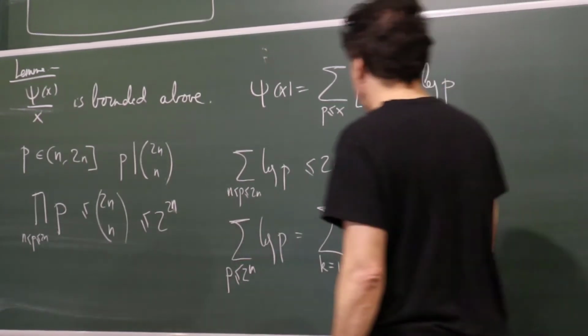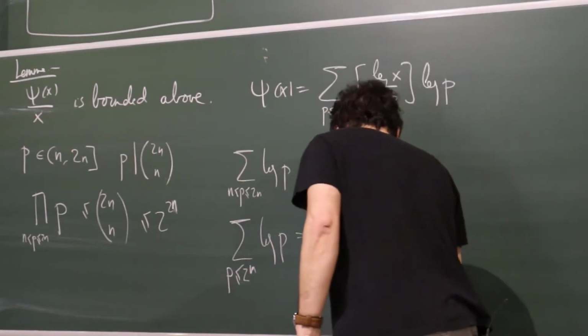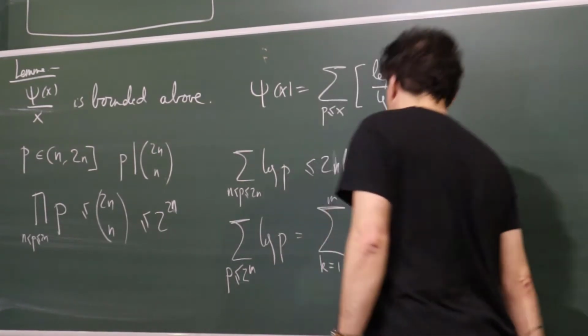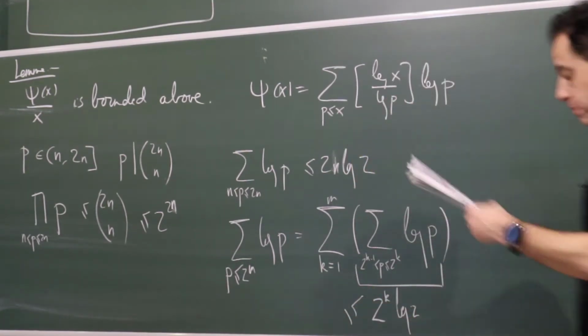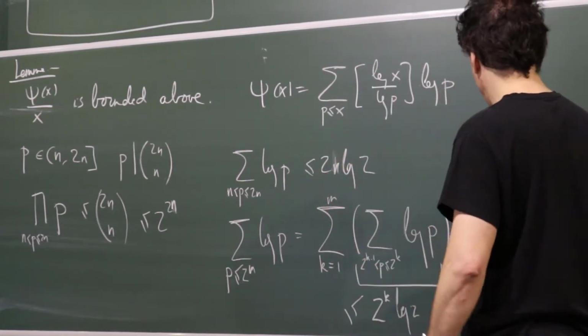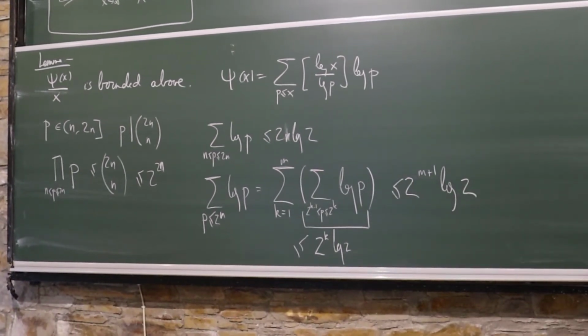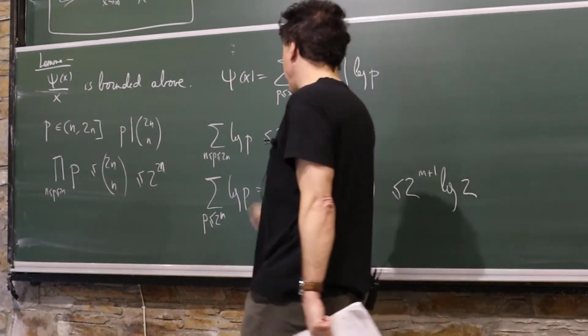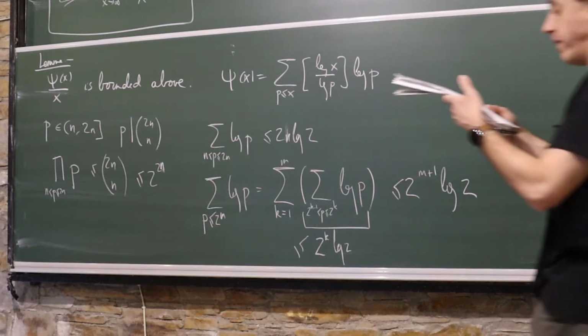By previous bounds, this term here is bounded by 2^k log 2. So the sum here is bounded by 2 to the m plus 1, log 2. So the sum of the logarithms of all prime numbers smaller than 2 to the m is bounded by 2 to the m plus 1 times log 2.